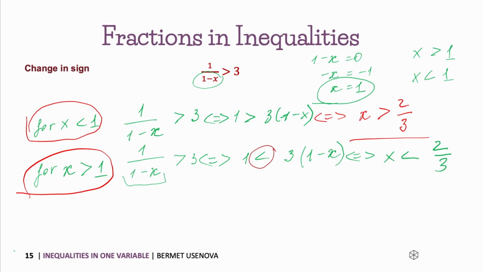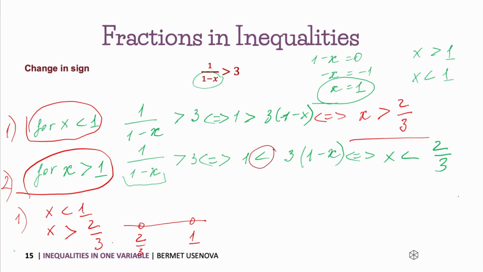Now we have to look at the two cases separately. I will write them as 1 and 2. For the first case, we have x less than 1 and x greater than 2/3. So we look at the number line. We will have empty points because we don't have an equal sign here. We have 2/3 here and 1 here.